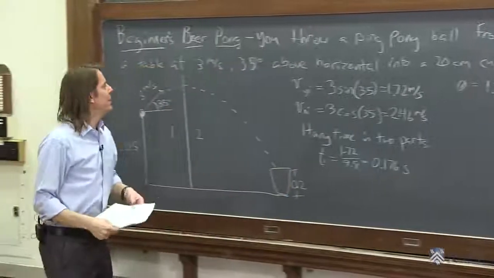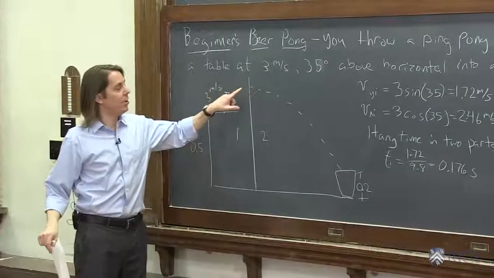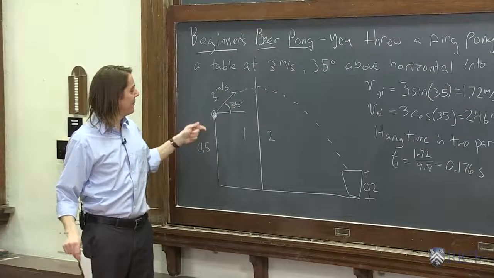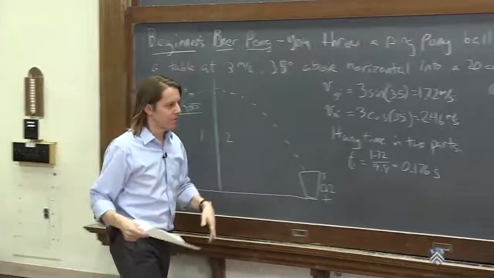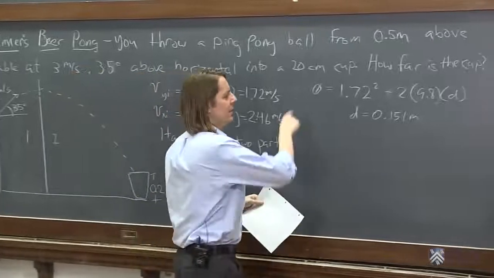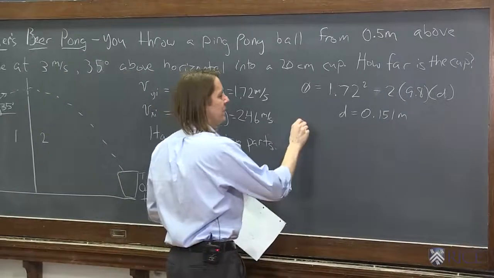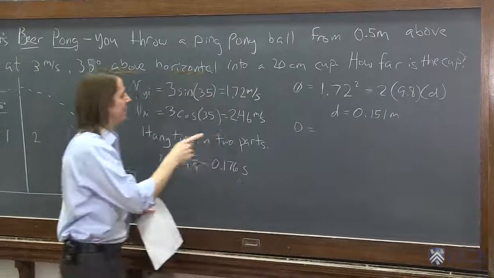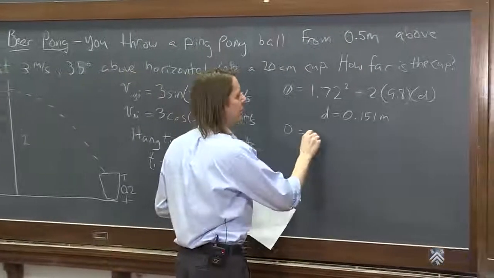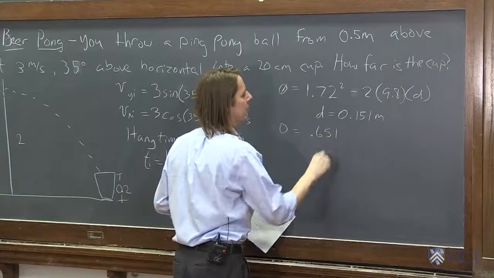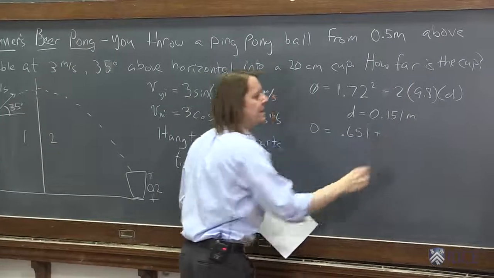So now what you know is that the ball has to fall from a height of 0.5 plus 0.151. Fall straight down. How long does it take? Then that would be, the final position is 0, is the initial position, which is 0.5 plus 0.151, which is 0.651, plus v naught t, which is 0.